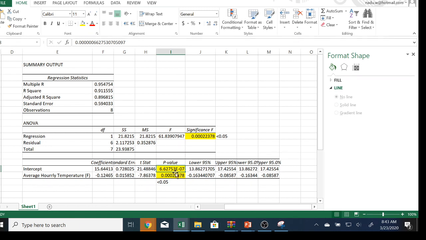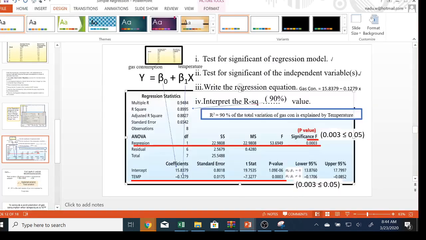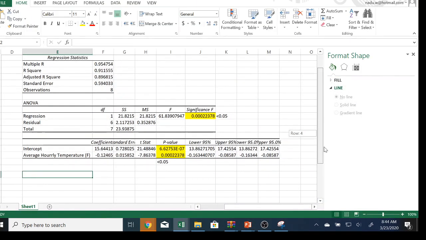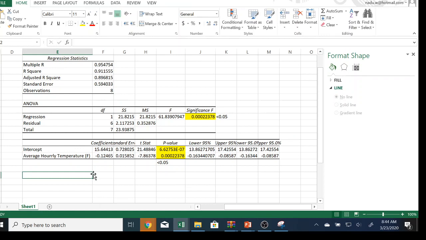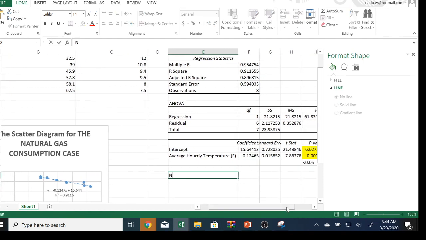They are also significant since they are below 0.05. Now you can come up with the regression equation. I'll come up with the regression equation in this cell. What is our y variable? The y variable is natural gas consumption.